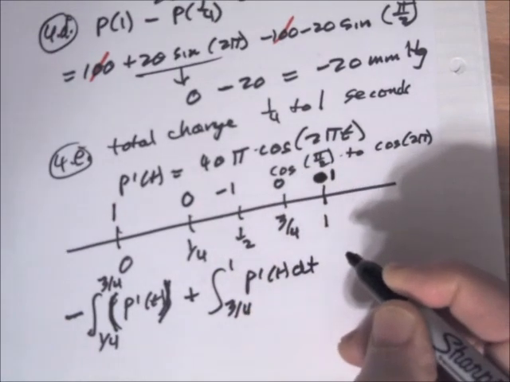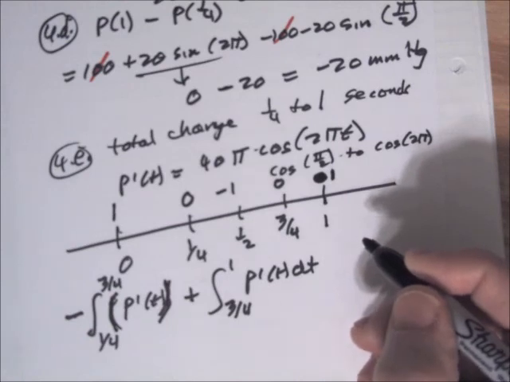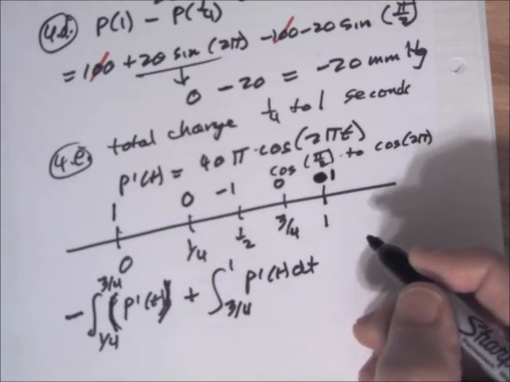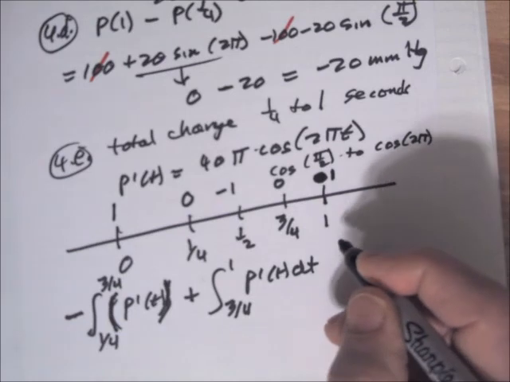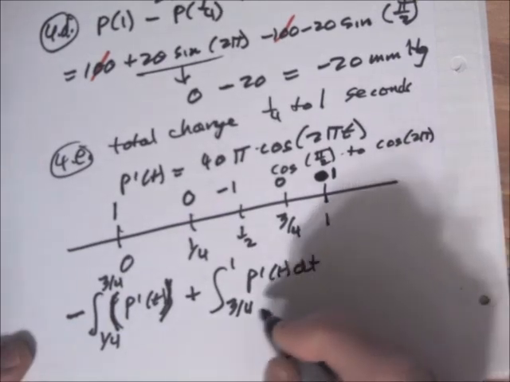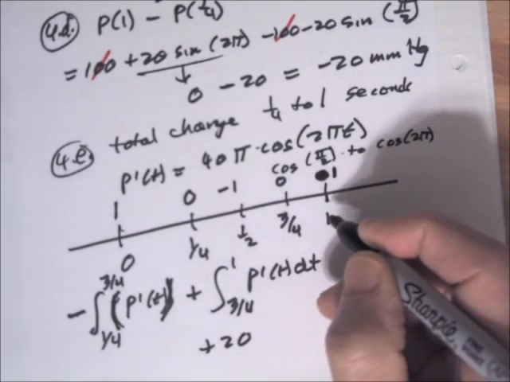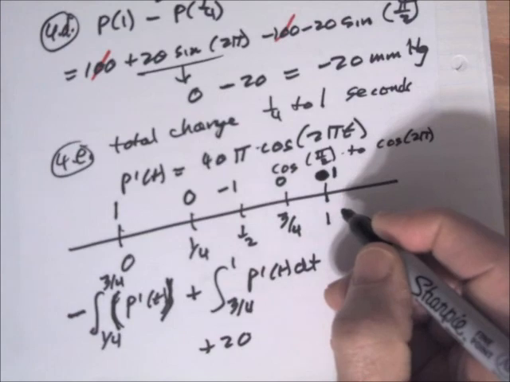Okay, so from 3/4 to 1, that was part C. We had an answer of 20, and from 1/4 to 3/4, that was part B, we had an answer of -40.